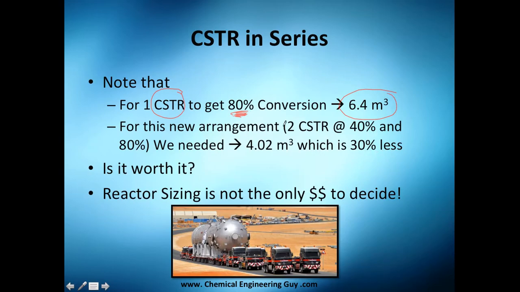Now for this new arrangement, I got 2 CSTRs. One goes to 40% and the second one finishes also at 80%. And we need now, with this arrangement, only 4.02 cubic meters, which, if you reference it, you will need 50% more. Or if you reference it to this one, you will need 30% less volume.